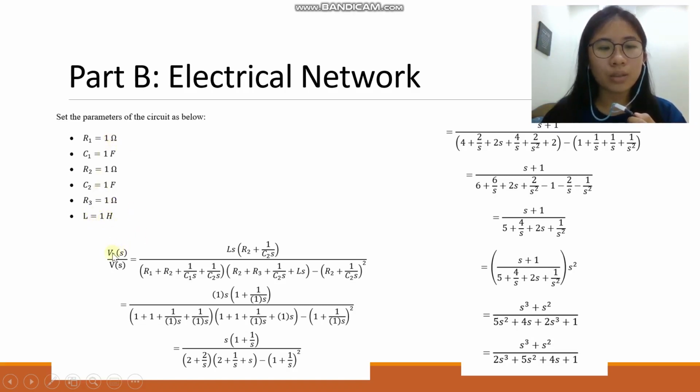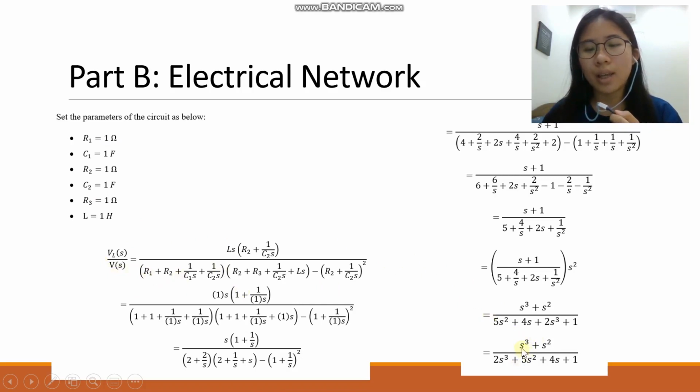These values are substituted in the transfer function VL over Vs, and we get the final answer: s^3 plus s^2 divided by 2s^3 plus 5s^2 plus 4s plus 1.